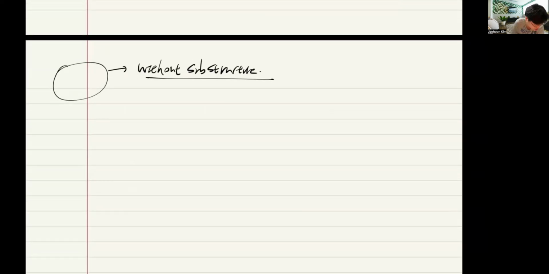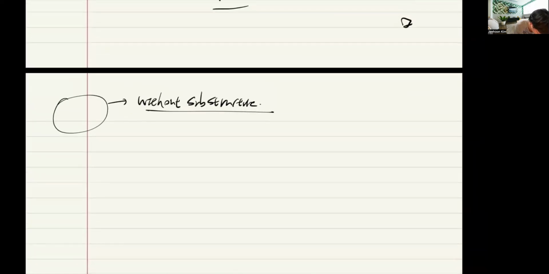Another direction of research on planar graph coloring is that you consider planar graphs without certain substructures, and then try to determine the chromatic number.